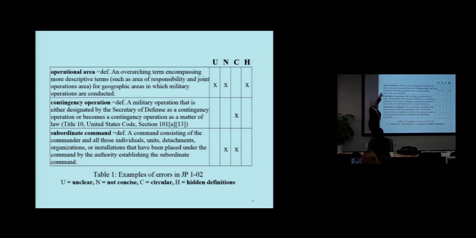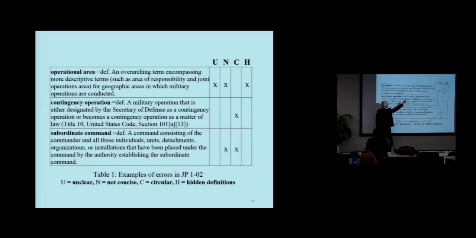So this definition makes 3 of those errors. This definition only makes 1, so it's circular. This definition makes 2, it's both circular and it's not concise. So the hidden definition here is in the parentheses. Not concise here, you can make this much shorter. So you don't need an overarching term comprising. Also, it's not clear, as the first error.